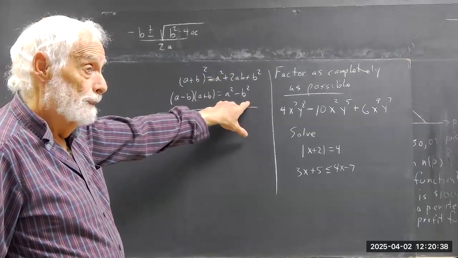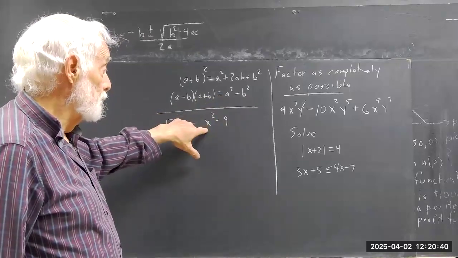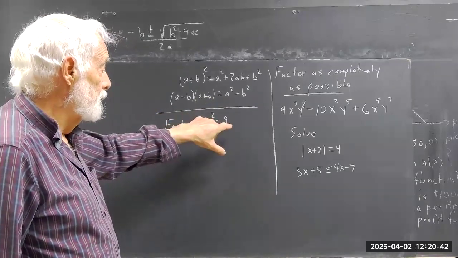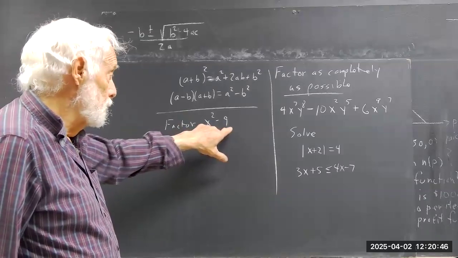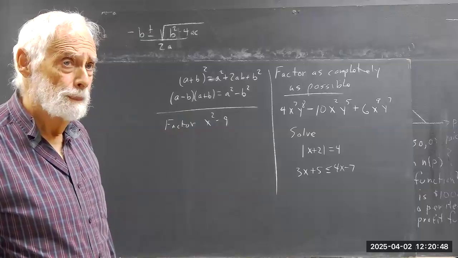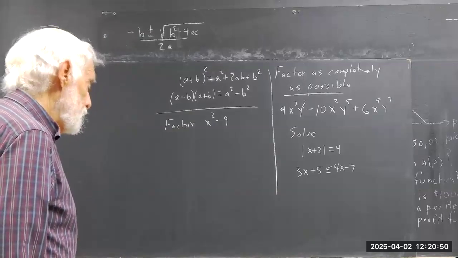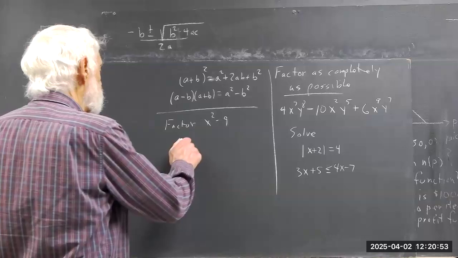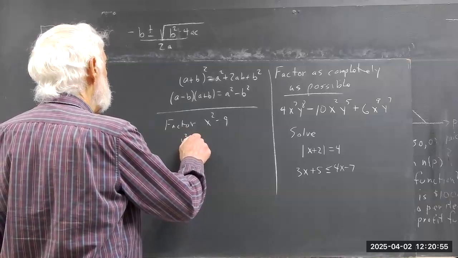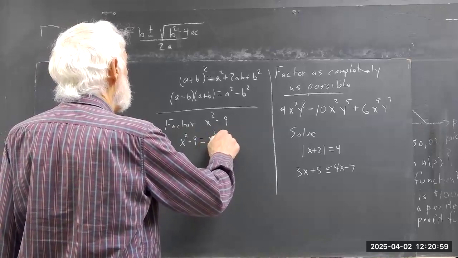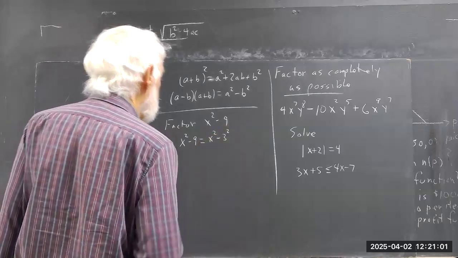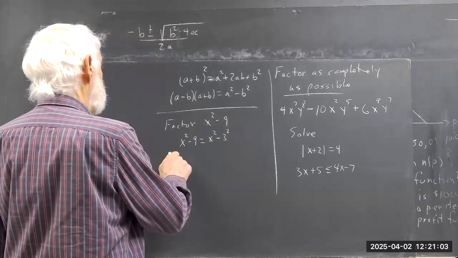Is it in this form? Well, it's got a number squared and it's got minus some number, right? Well, could 9 be expressed as a square? So we think, okay, x squared minus 9 is x squared minus 3 squared.